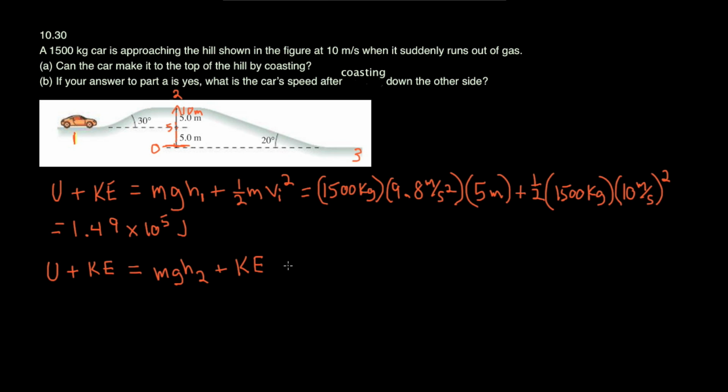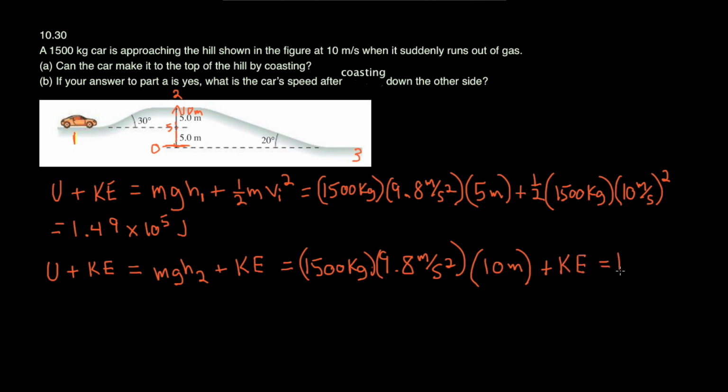So let's go ahead and calculate our potential energy. It's going to be equal to 1,500 kilograms times 9.8 meters per second squared. And now we're at the top of the hill, so that's going to be 10 meters. And then plus some kinetic energy, which we don't know.